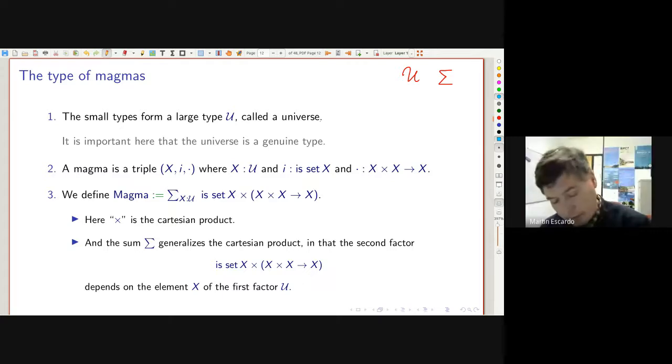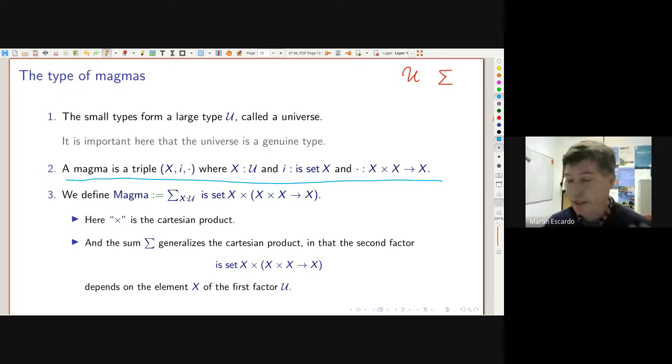Okay, so the sigma type is just a formalization of what we have already written here. You shouldn't interpret the sigma type exactly as in this informal definition. The formalization by sigma corresponds exactly to this informal statement. A magma is a triple, where the first component is this, or you can say a magma is a pair, if you write a bracket here.